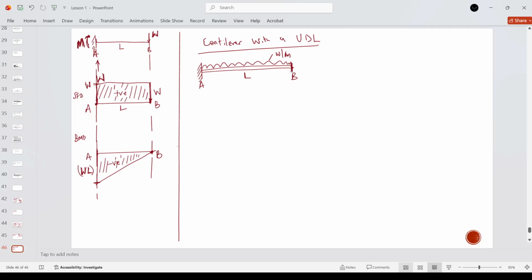Because we know all the reaction, we will only have a reaction at the support. Unlike the other one, where it was going to be experienced at the center, this one will only be experienced at the support, because that's the only place where we have a reaction at A and a moment about A.